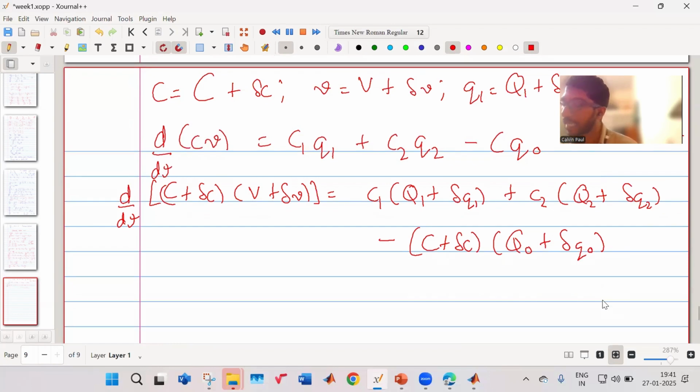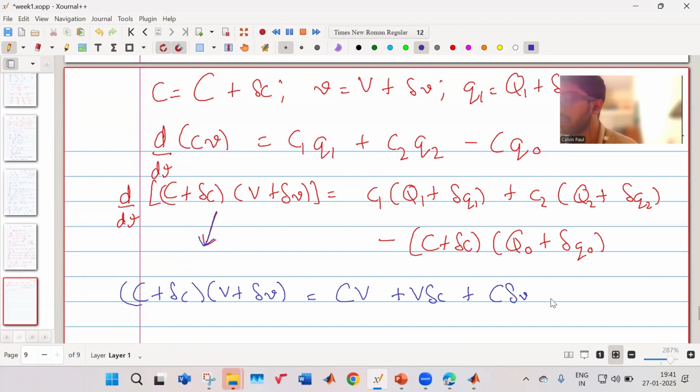Okay, so I'd like to highlight something specifically. Now, let us see this point, we have this C plus delta C into V plus delta V. We can write it as CV plus V into delta C plus C into delta V plus delta C into delta V.